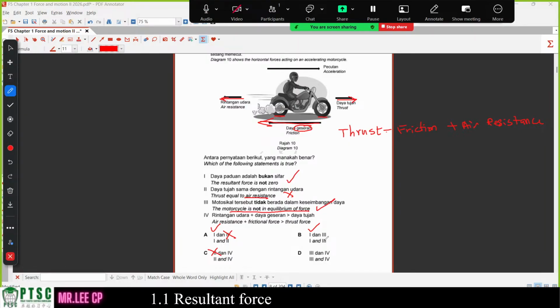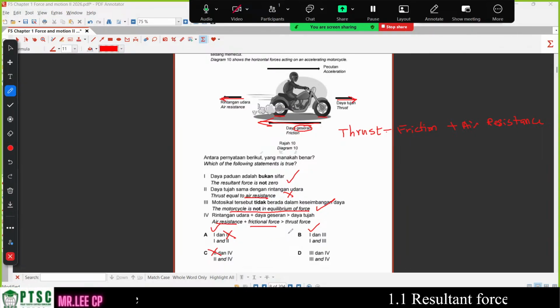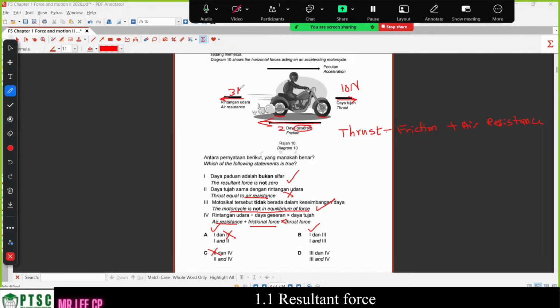Air resistance plus the frictional force is more than the thrust? No. Equal to the thrust? Also no. The thrust is more than that, this one is correct. Why? Let's say the thrust is 10, friction is 2, air resistance is 3 Newton. 10 is more than 5, so it accelerates.